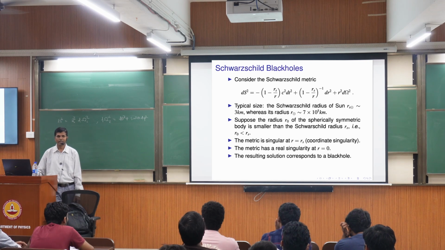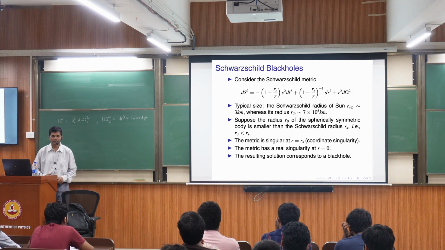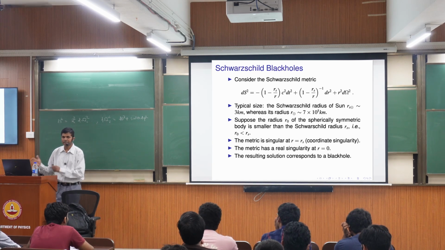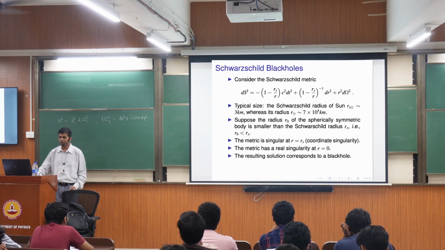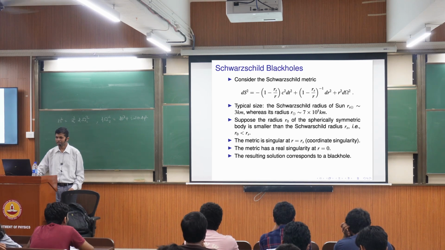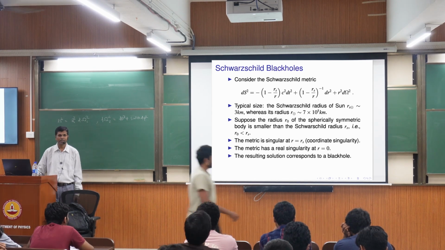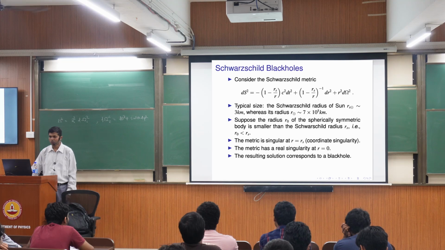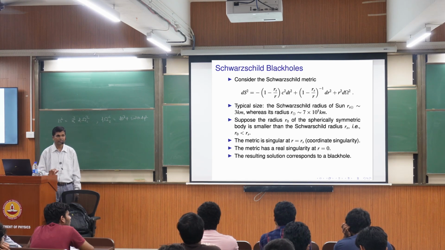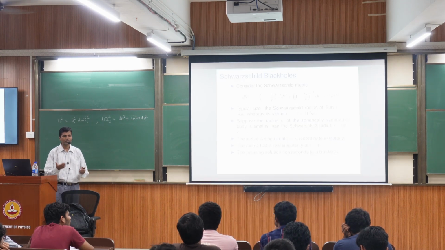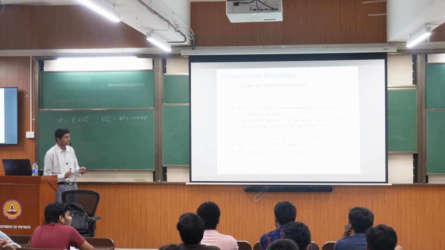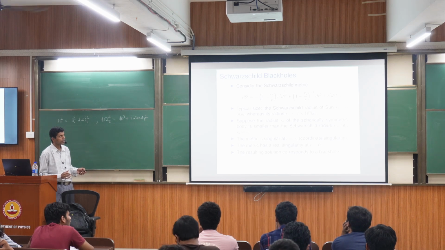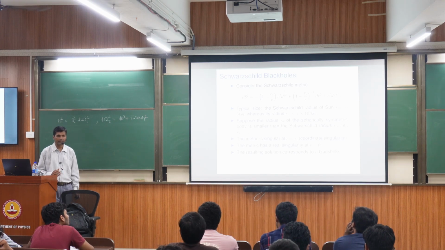But let us assume, just as a mathematical idealization, and we will see later that it is in fact possible, that you have a body for which this Rs is actually less than the size. Then this geometry becomes a little bit non-trivial. For a spherically symmetric star like the sun, this is a perfectly well behaved geometry.